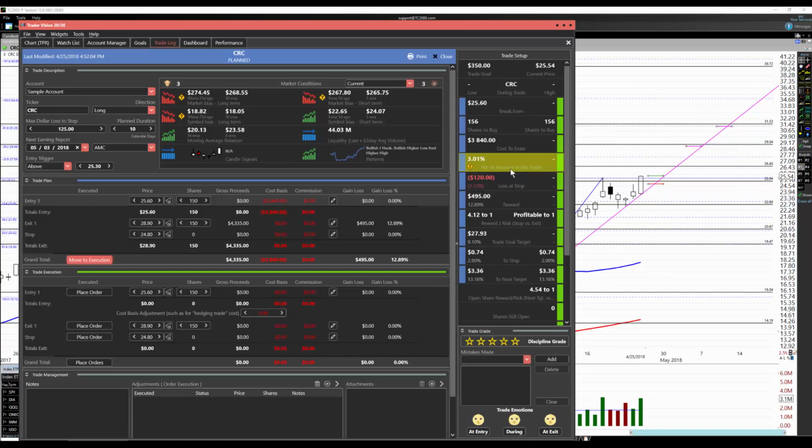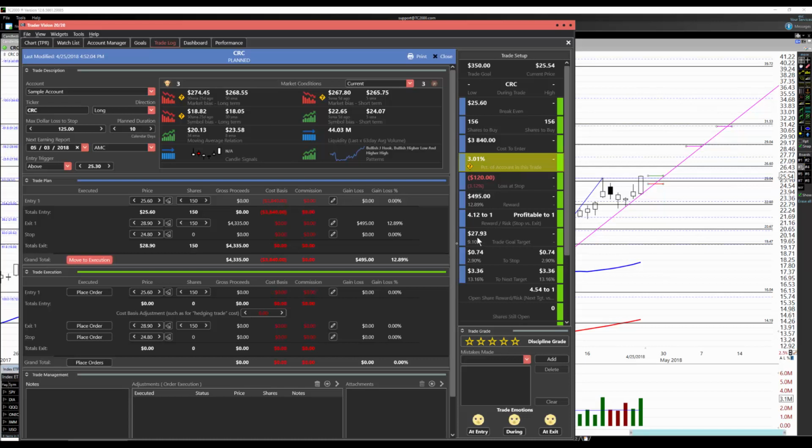In this case, I don't have any, but it includes commissions, and that's 3% of this account. As set up or as planned, $120 maximum loss, $495 maximum gain, 4.12 to 1 reward to risk.